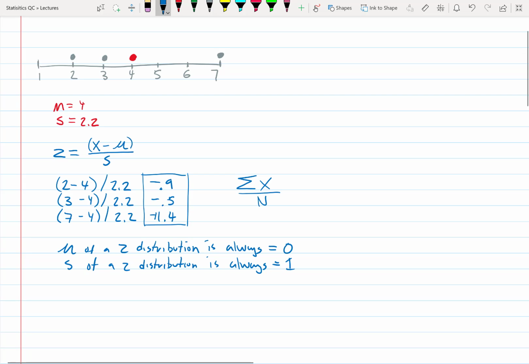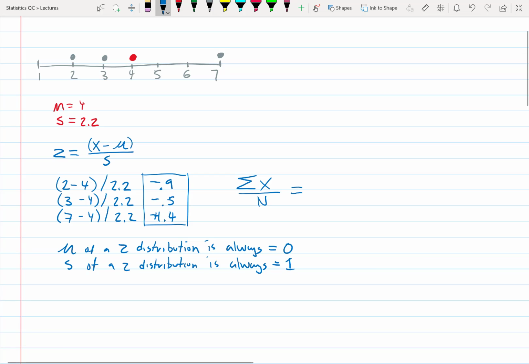So the sum of these z-scores, which are our x's in this instance, are negative 0.9 plus negative 0.5, which is equal to negative 1.4, and we have positive 1.4 over here.